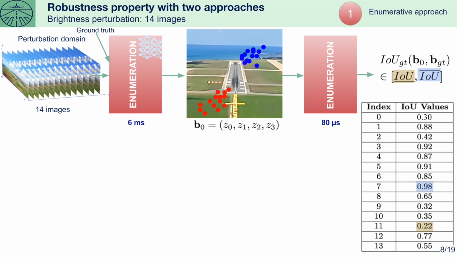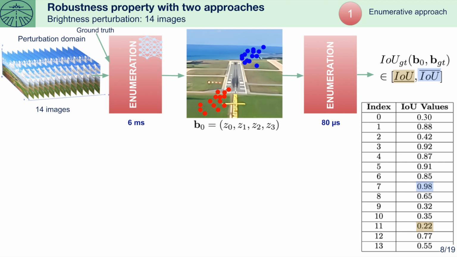In the end, we obtain the whole values for the 14 images in the perturbation domain, and we can bound our IOU between a minimum and a maximum value. Note here that the IOU is neither convex nor concave. Here the minimum value is 0.22 and the maximum value is 0.98.